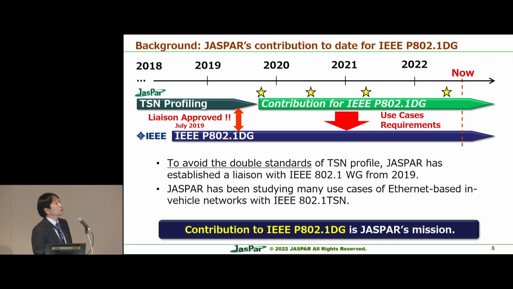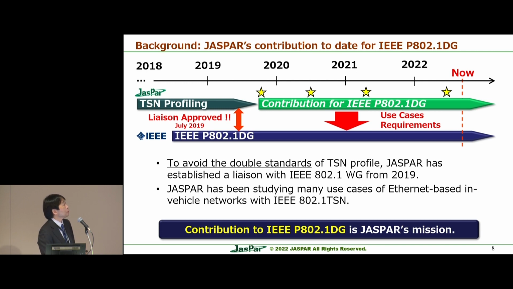Next, we'll show you JASPAR's contribution to date for the .1 DG. JASPAR started the TSN profiling before 2018. To avoid double standards for TSN profile, JASPAR has established a liaison with the IEEE 802.1 working group from 2019.